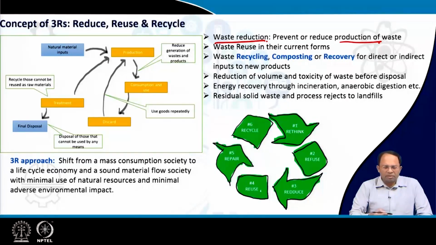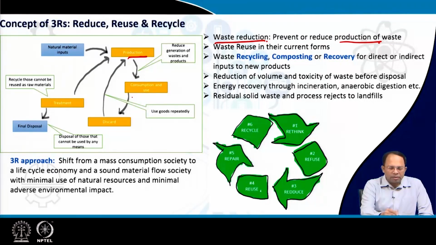And then whatever waste is being produced over here, you can see we will consume it. That means we use the product and we will try to reuse it again, right? So we can discard the product. That means once we have used it, we will discard it, but at the same point of time, there will be somebody else who wants to use the product again.